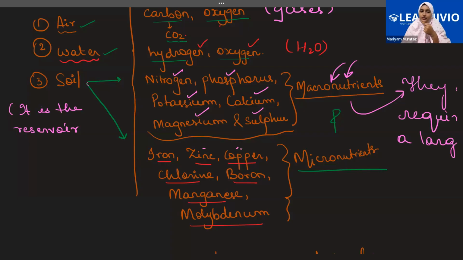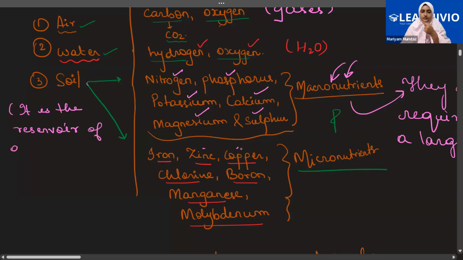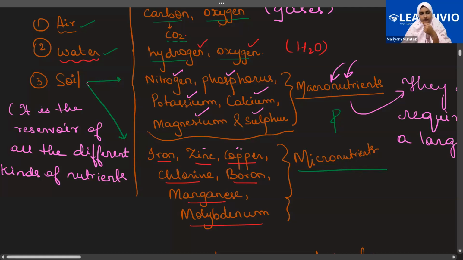So the soil is the reservoir of all the different kinds of nutrients a plant requires.